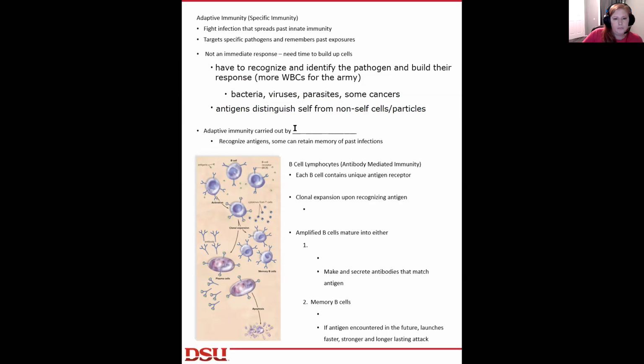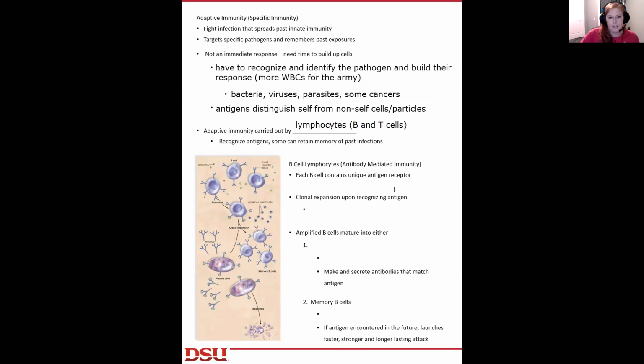All right. So we talked about some of the cells that were involved in innate immunity, macrophages, monocytes. But now we're going to talk about the ones that are part of adaptive immunity. And those are lymphocytes. And lymphocytes consist of the B cells. Okay, we're going to talk about the B cells first.